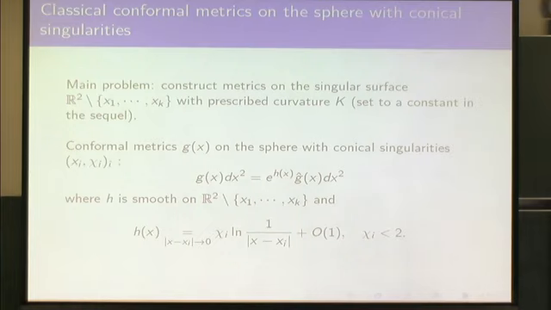But a theory that has been developing the past few years in calculus of variations and geometric PDEs is the following problem: to construct a conformal metric on the sphere with conical singularities. You take points x1, ..., xk on your Riemann sphere, and you want to construct a surface where outside these points you have a constant curvature k, and around these points you have a logarithmic singularity.